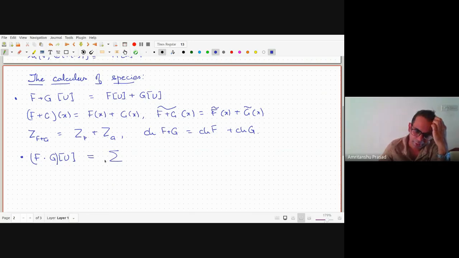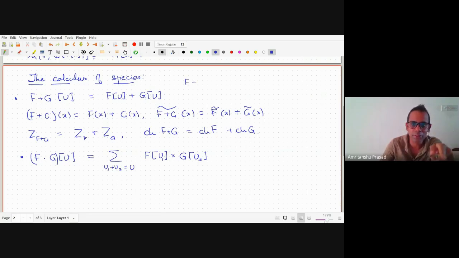Sigma summation like this is a disjoint union too. And so what I'll be looking at is sets U1 plus U2, partitioning U into two parts, and then F of U1 cross G of U2.